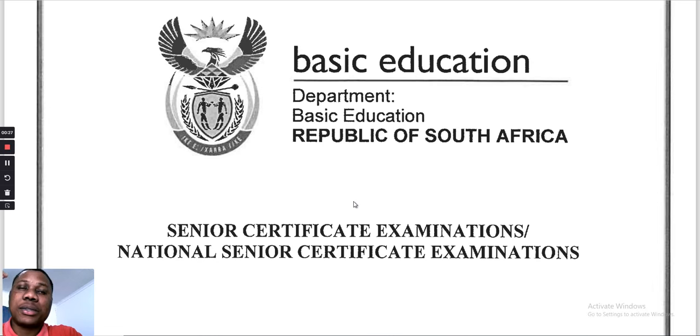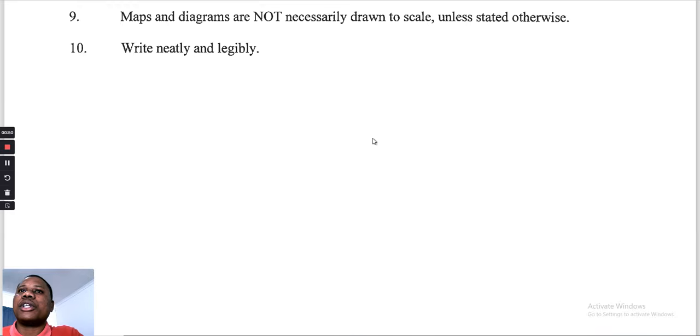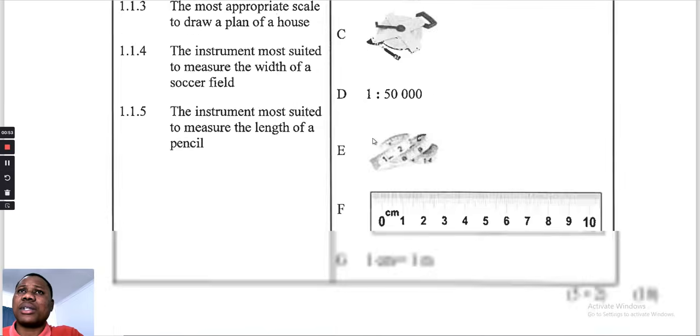So today we are doing a different stuff. We're going to be looking at measurements. In this question paper, we are going to check measurements only. When I was going through this question paper, I realized that the measurement was in question one and also in question number three, not question two.